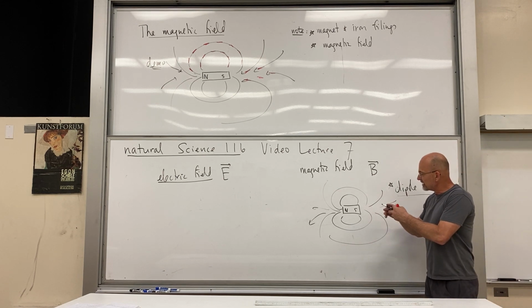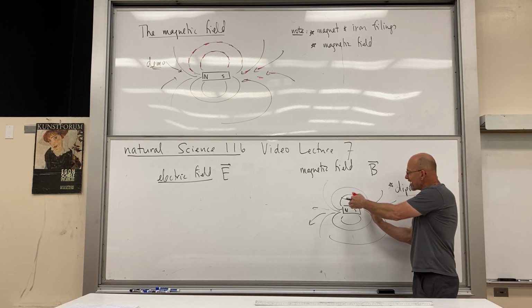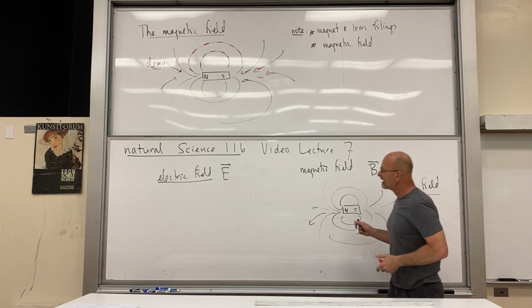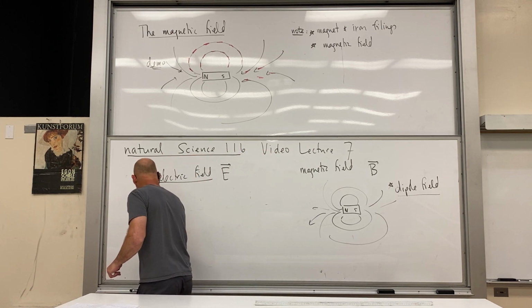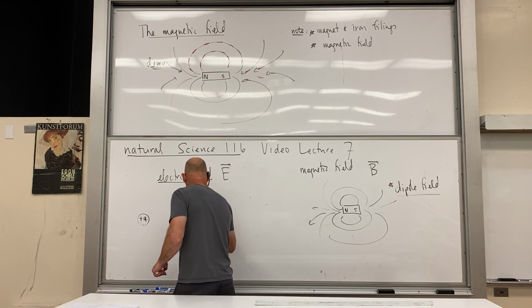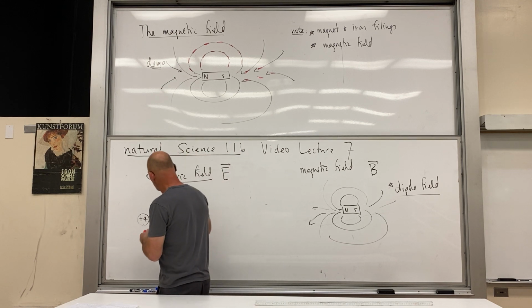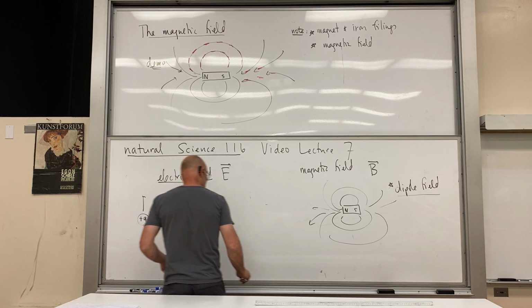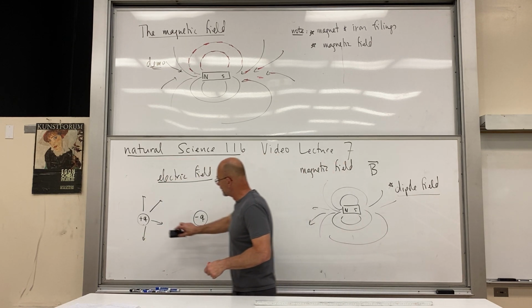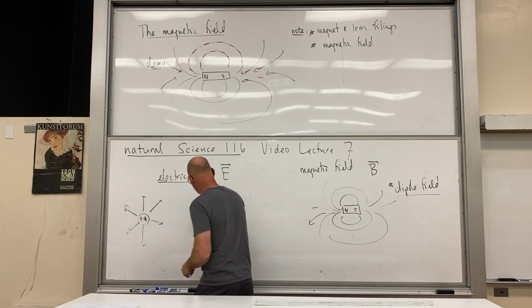Now, the nature of the magnetic field is really connected with the fact that you can never separate a north and south pole. The electric field, on the other hand, you can separate a plus and a minus charge. You can literally separate them. This field will be radially outward, and this field will be towards.